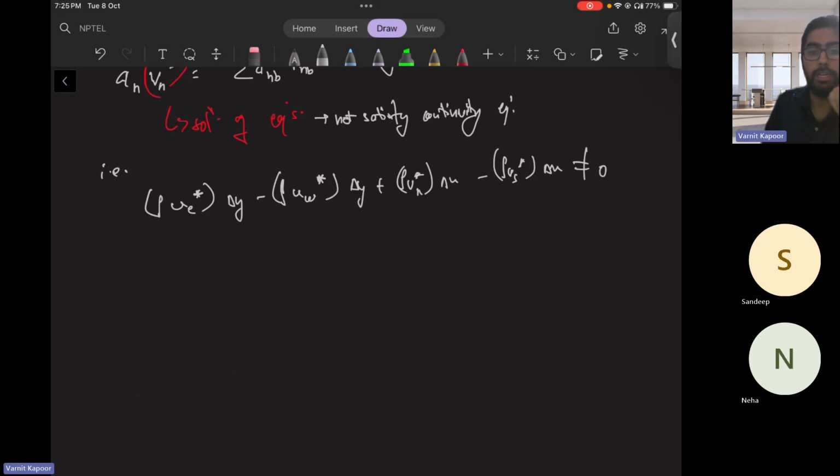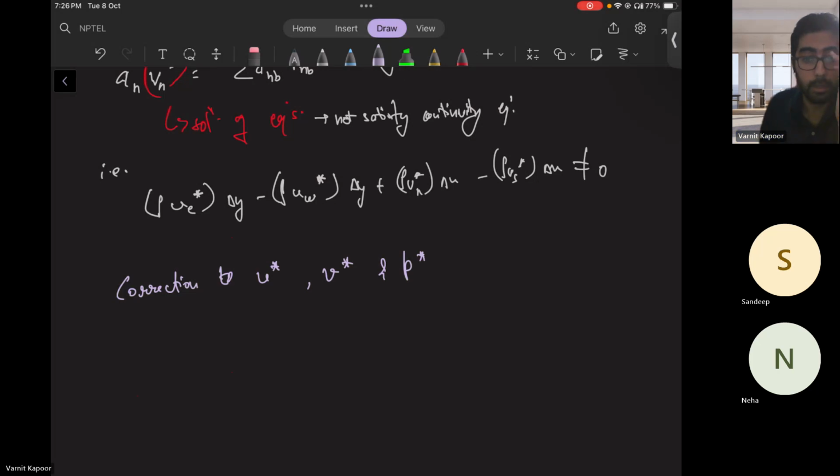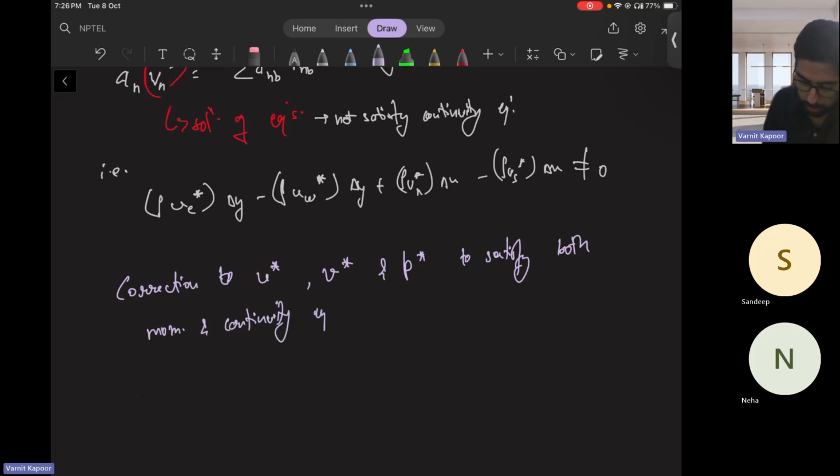Okay. So let's propose corrections to U star, V star, and P star, such that they satisfy both momentum and continuity equations.